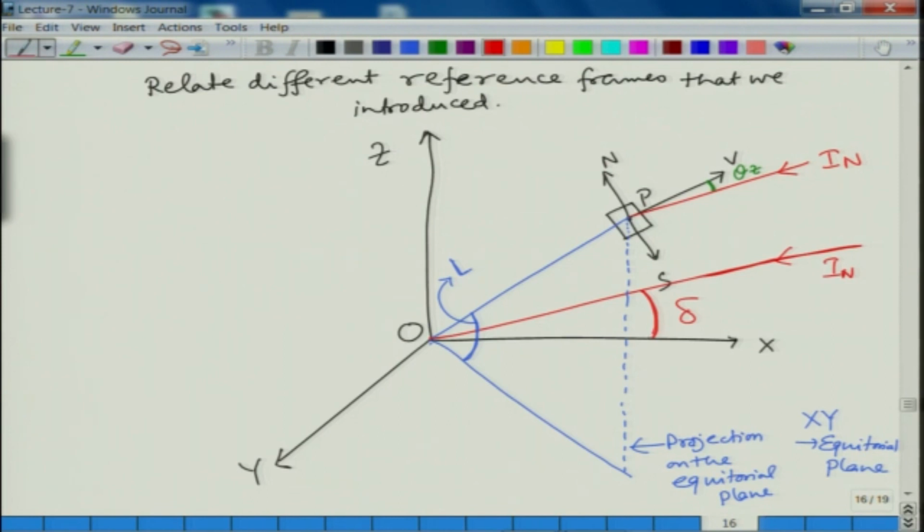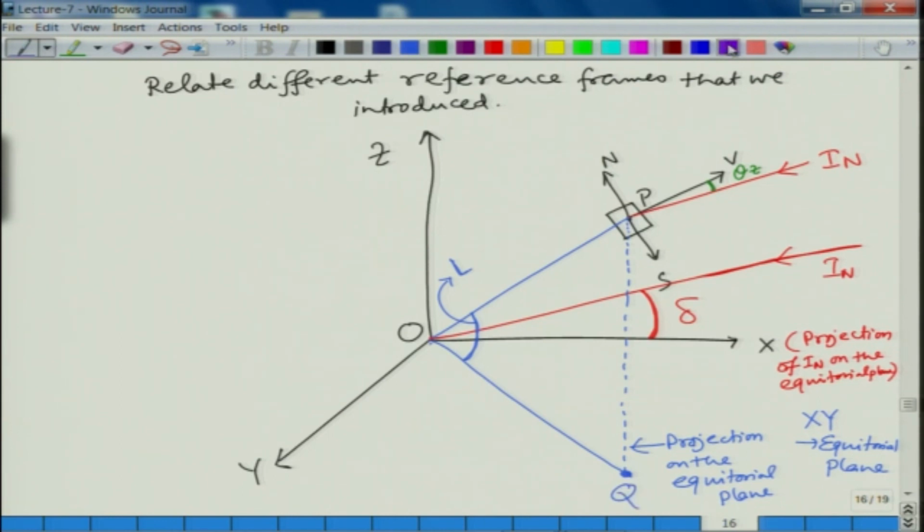And the declination angle, I mean this x axis here is, you can say that this is the projection of IN on the equatorial plane. Okay. So, now this O x, and let me name this point because this will be used, let us name this q.